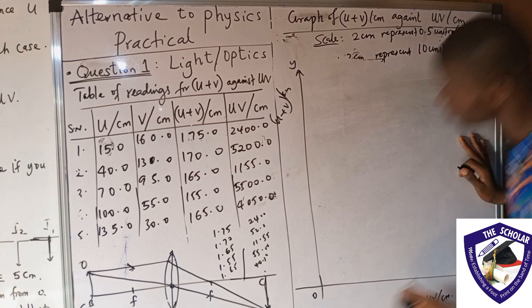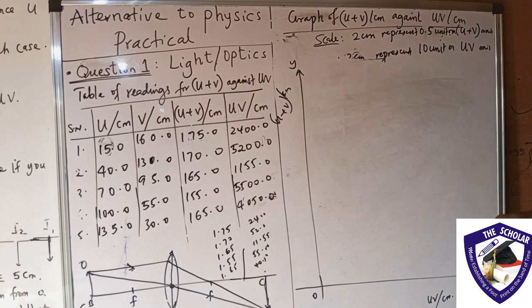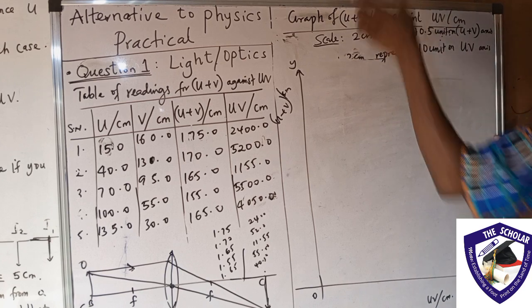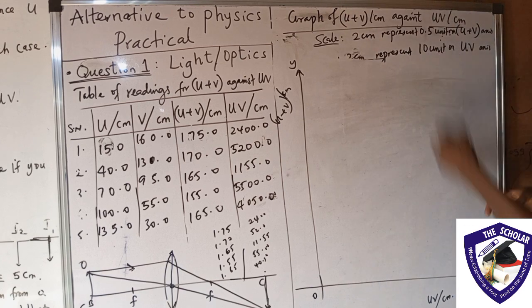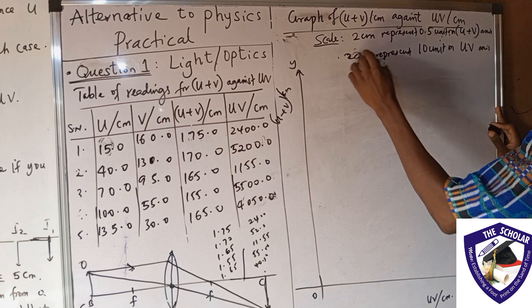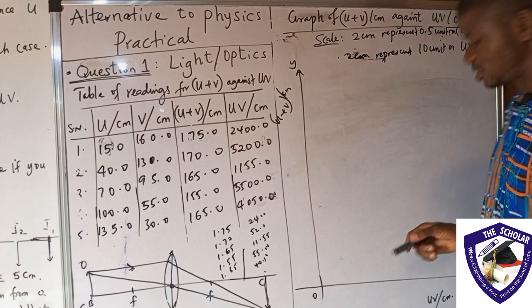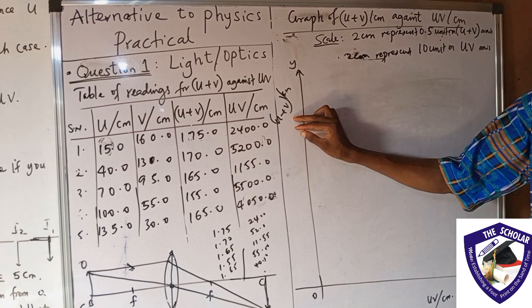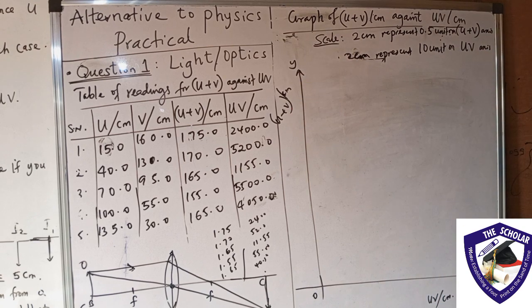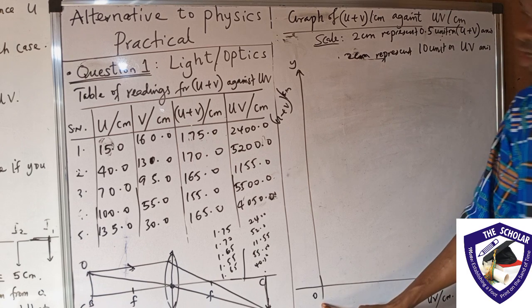And don't forget your origin. So the first thing that must be on your graph page is the title of the graph. Secondly, your scale. The next thing is when you draw your axis. On the vertical axis, you have U plus V, and on the horizontal, you have UV in centimeter. Then your origin.